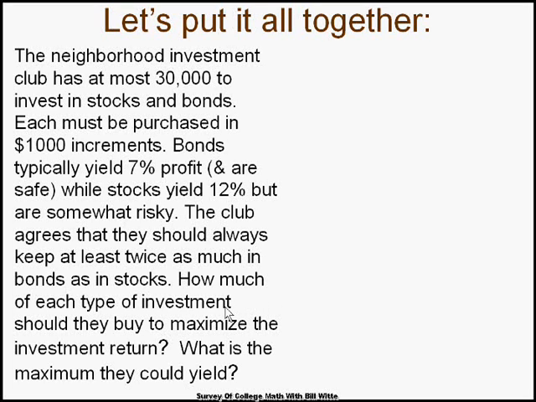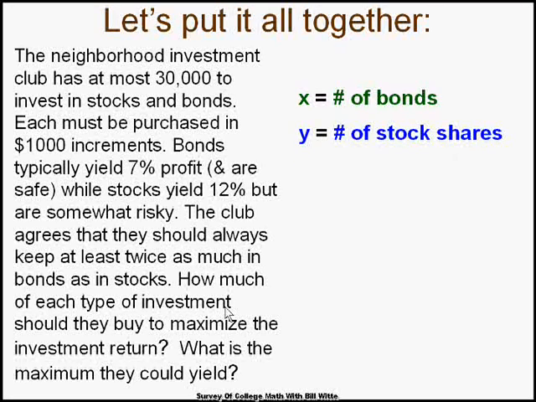Well, as always, let's define what our variables are. Let X be the number of bonds in $1,000 increments, and Y be the number of stock shares in $1,000 increments. Once we've done that, we need to come up with an objective function. Now in this case, we're going to be trying to maximize stuff. So what are we maximizing? I think we're maximizing our investment return.